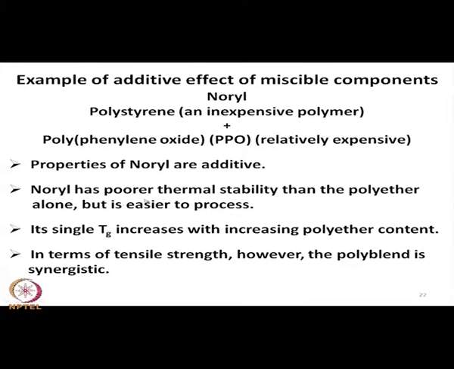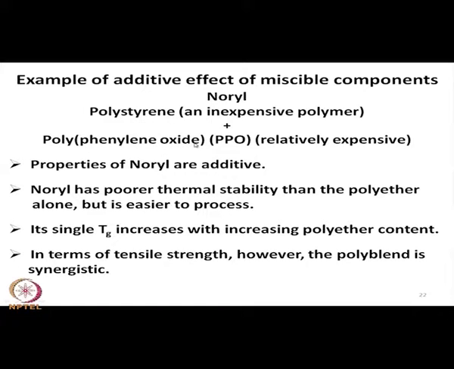Noryl has poorer thermal stability than polyphenylene oxide, which is a polyether polymer, but it is easier to process. Polyphenylene oxide is a thermally stable polymer. Polystyrene's thermal stability is lower than that of polyphenylene oxide.